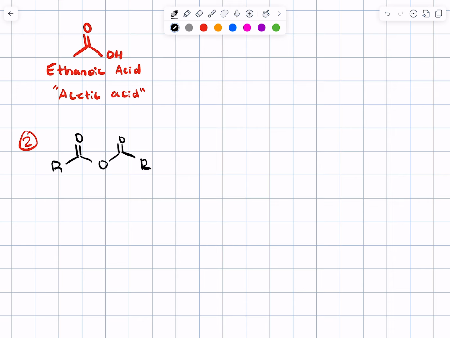Okay, R just stands for anything. It can be a hydrogen, it can be a carbon chain, just something boring. Usually we'll say something that's not going to modify the molecule into something cooler. That's how we normally define that. So usually a carbon chain, sometimes a hydrogen if it doesn't make it interesting. So this functional group is called an acid anhydride.